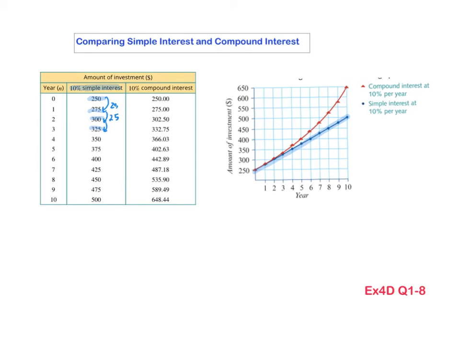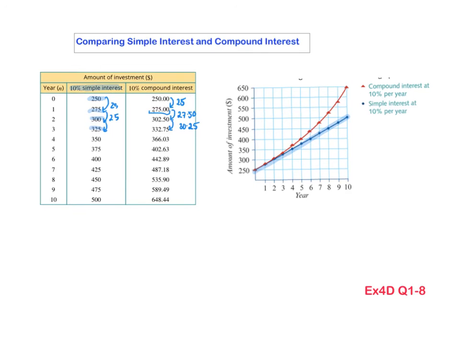Now, in the first one, even though it's compound, we do see in the first year we get 25 added. But in the next year, we're getting 10% of this amount, so it's actually $27.50 that gets added. And then in this next year, we're going to see $30.25 added. So you can see that it's getting more and more.